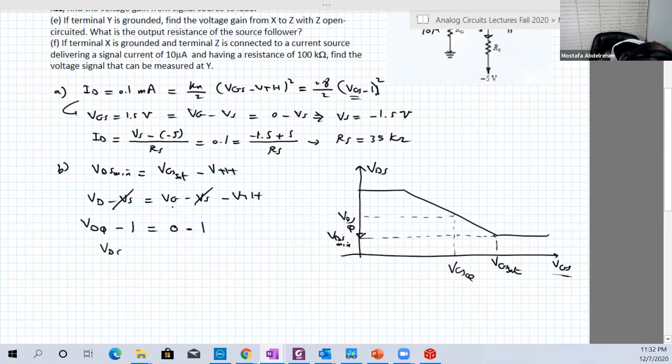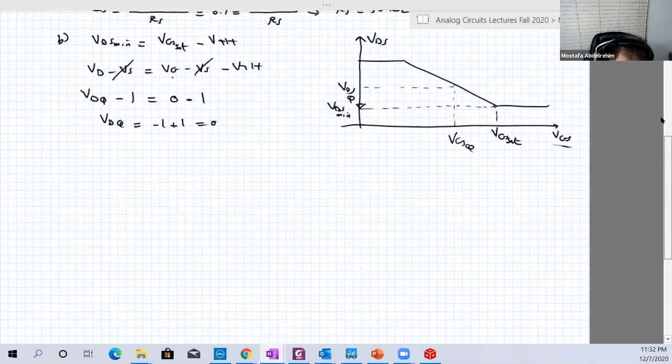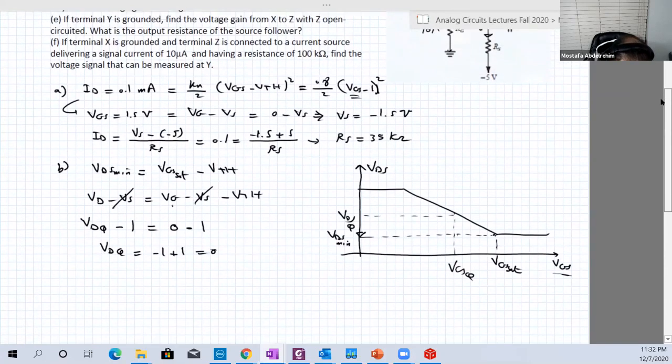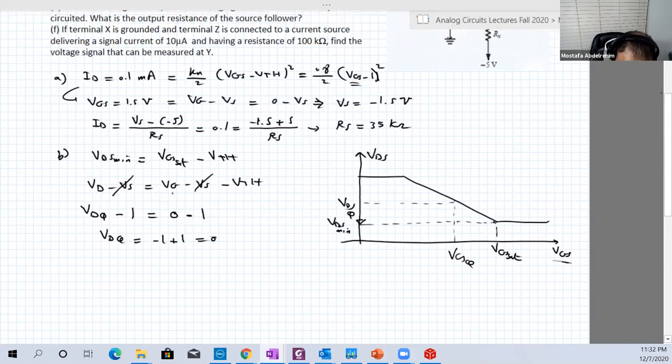So VDQ will be equal to minus 1 plus 1, equal to 0. Good. So based on that, we know now VD.